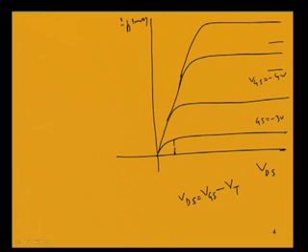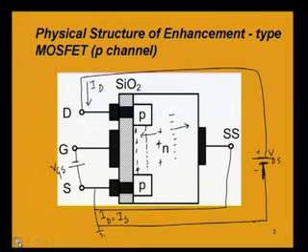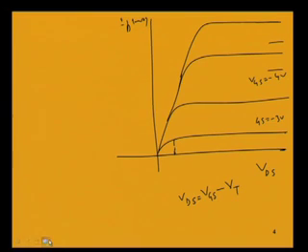So, here the polarities of the potentials are different from the earlier N channel case, and the current directions will also be accordingly different. So, from this plot we can also draw the transfer characteristic for the P channel enhancement type MOSFET.